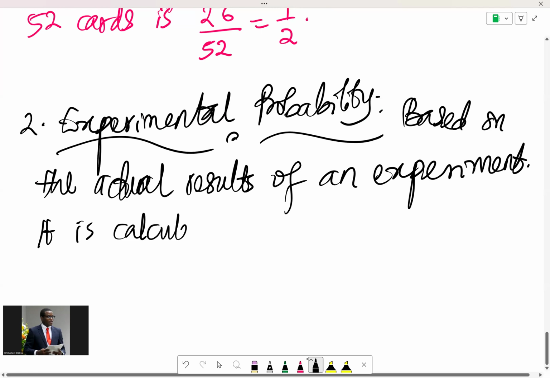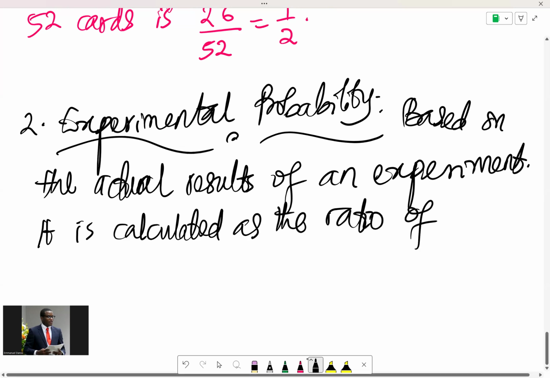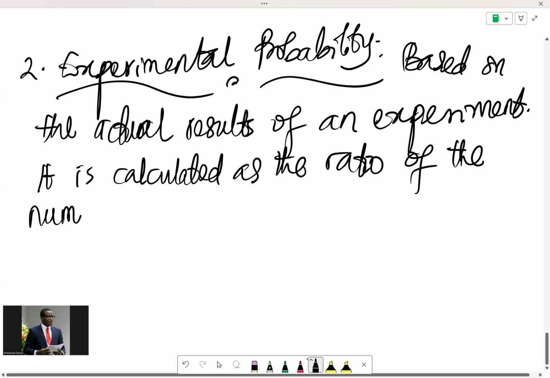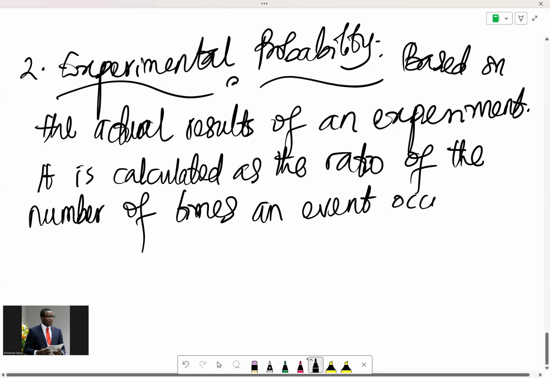So it is calculated as the ratio of the number of times an event occurs to the total number of trials.